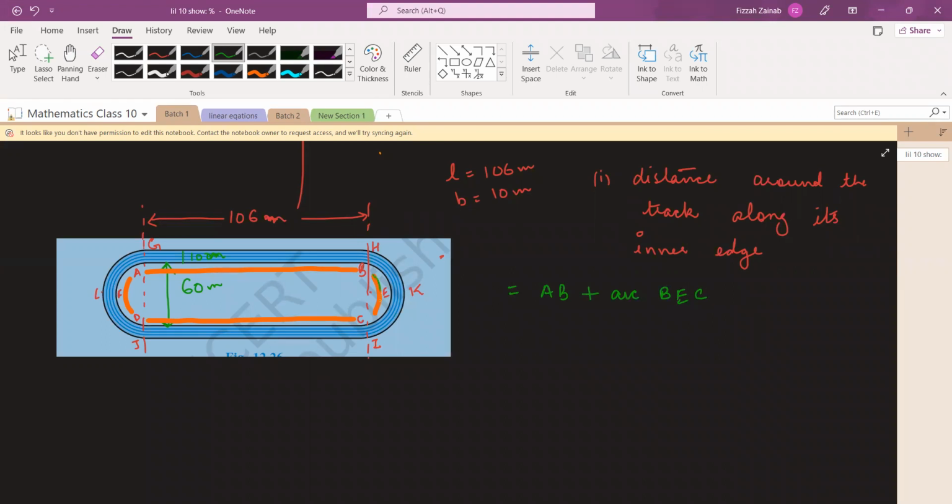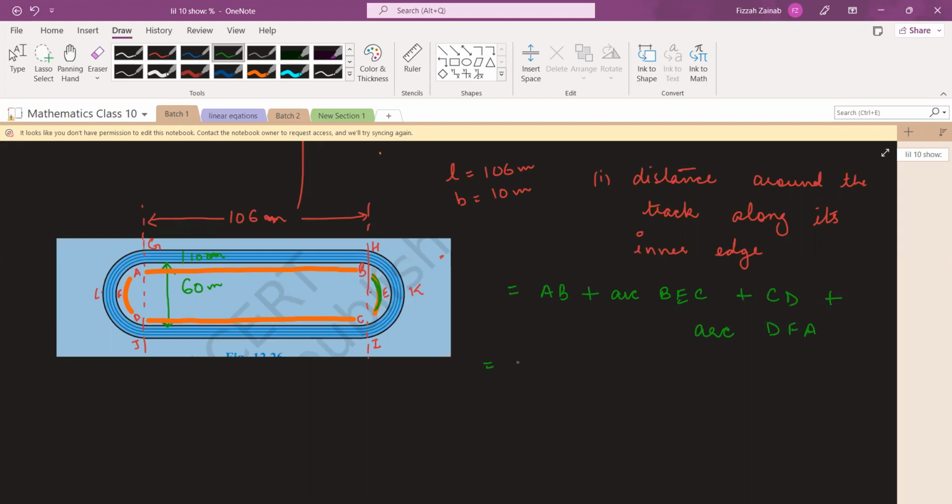I'll call it an arc. It's part of a circle, part of the circumference of a circle. Then plus the next length, which is CD, and then the next arc, which is DFA. Is that understood by everyone?